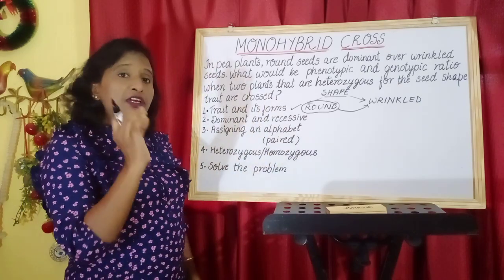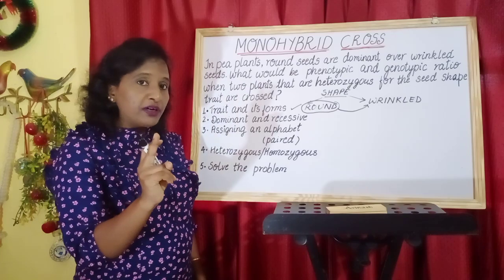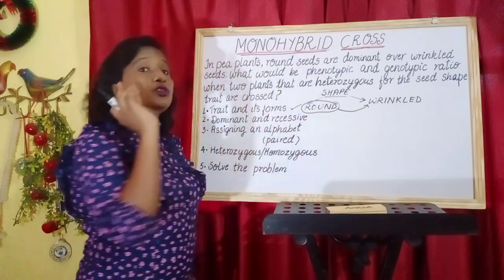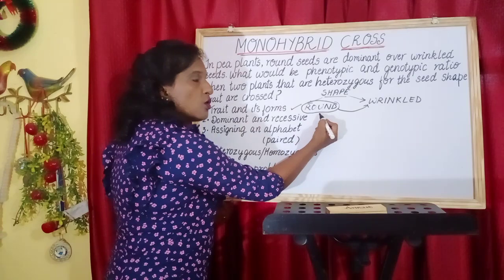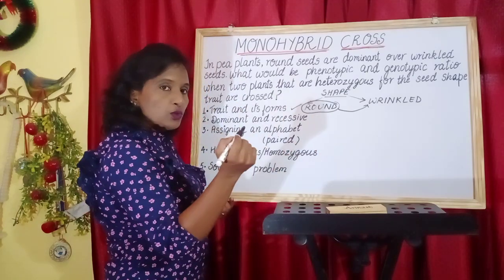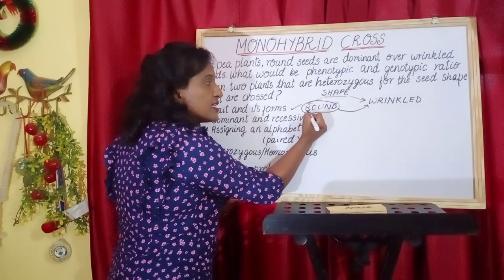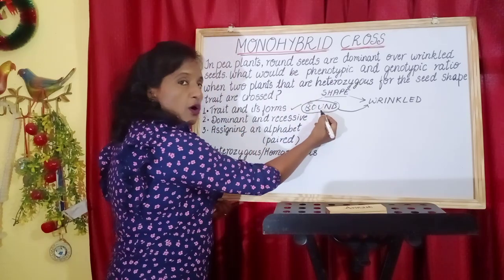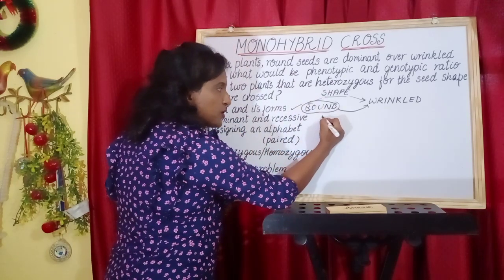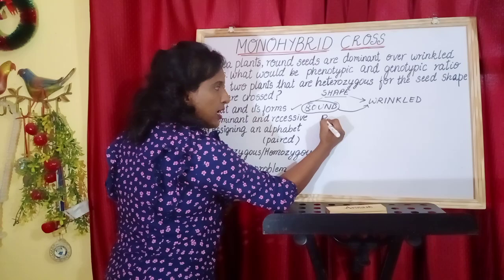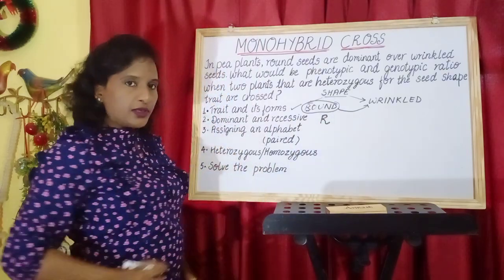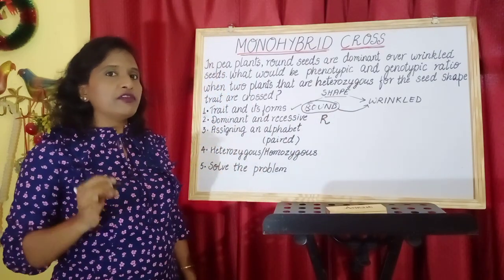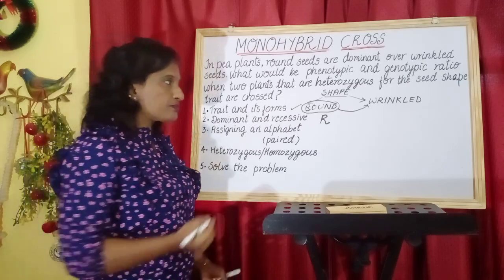So, we have to assign that particular alphabet with respect to the dominant one. Say here dominant is round. So, we will take the first letter of that dominant form, and write capital R. That will be the alphabet which we will take for this problem.